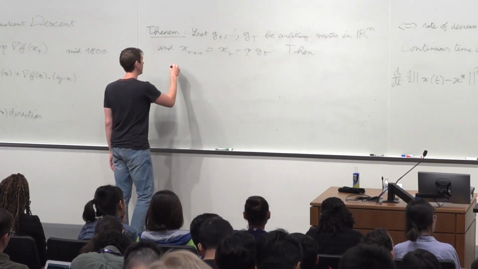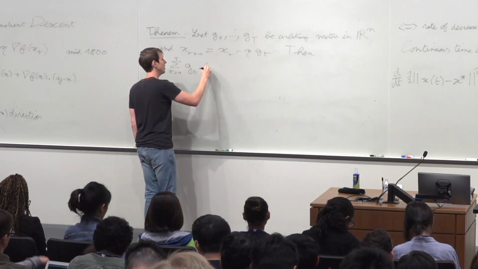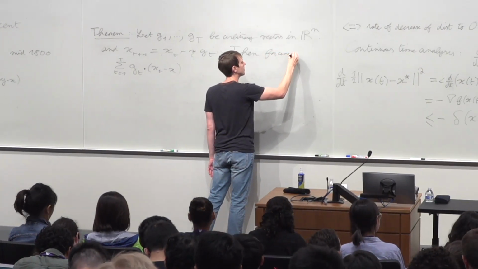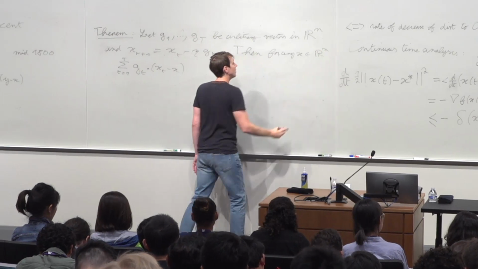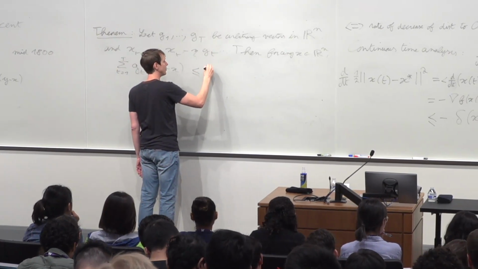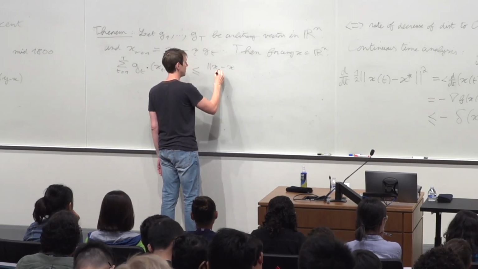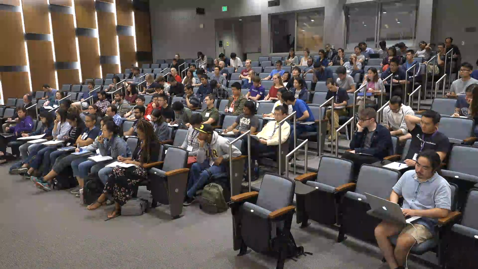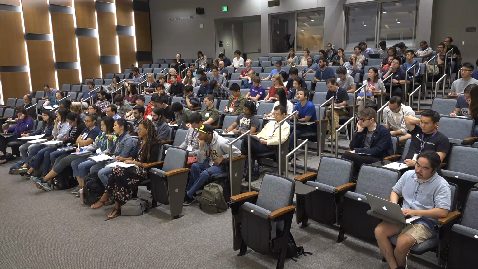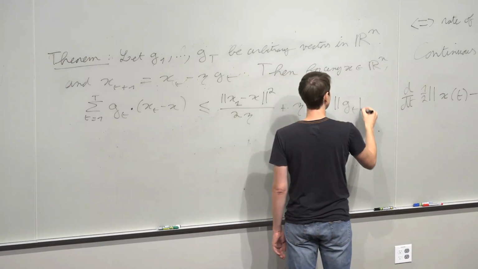We have the following guarantee. If you take the sum for t equals 1 to capital T of the inner product of g_t with x_t minus x, then for any x in R^n, the sum of the inner product is upper bounded by the norm of x_1 minus x, Euclidean norm squared, over 2 eta, plus eta times the sum for t equals 1 to capital T of the norm of g_t squared.